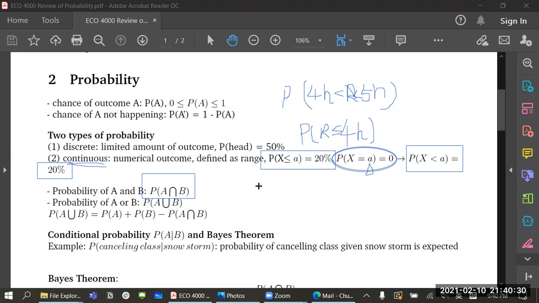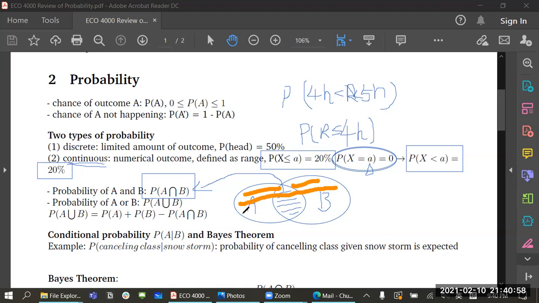All right, so this can be drawn as two circles. You can say this one is A, this one is B. This overlapping area is A and B. How about this large area?